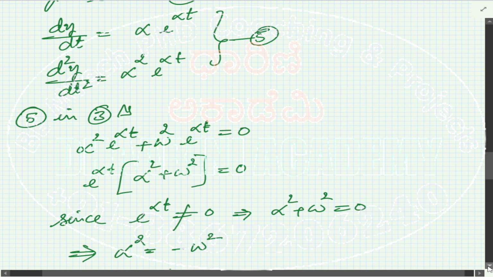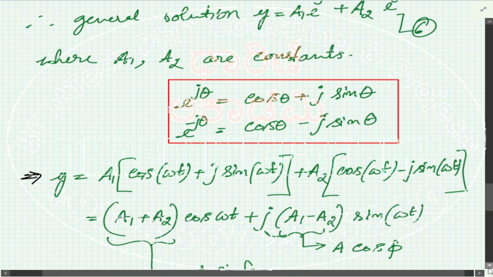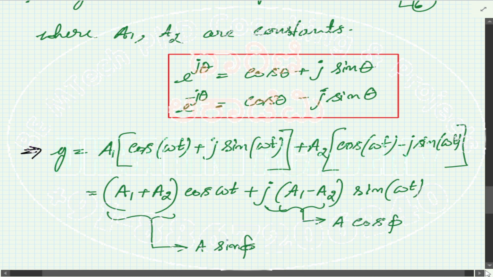This particular equation falls under a specific category. We call that alpha square is equal to minus of omega square. We can see the roots are as follows.